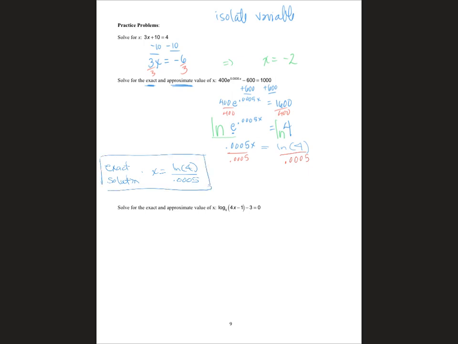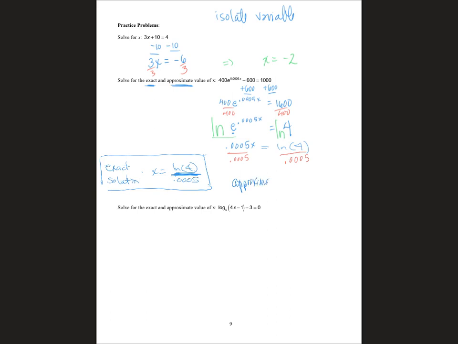If I want to find an approximation of x, I can evaluate the natural log of 4, so I'd go into my calculator, select ln of 4, and then divide that number by 0.0005, and I would be able to get an approximation.